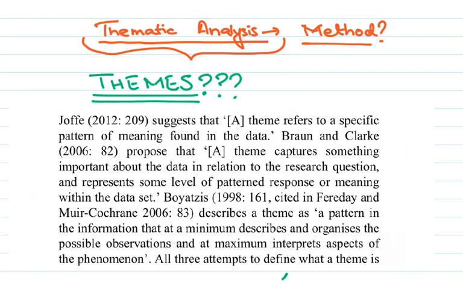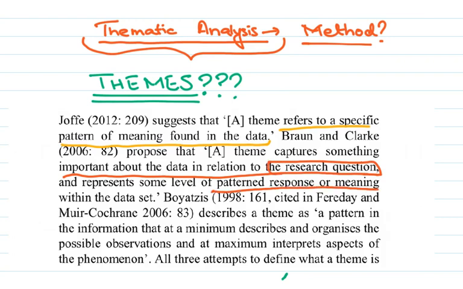So Joffe here says that a theme refers to a specific pattern of meaning found in the data, right? Braun and Clarke proposed that a theme captures something important about the data in relation to the research question and represents some level of patterned response or meaning within the data set.